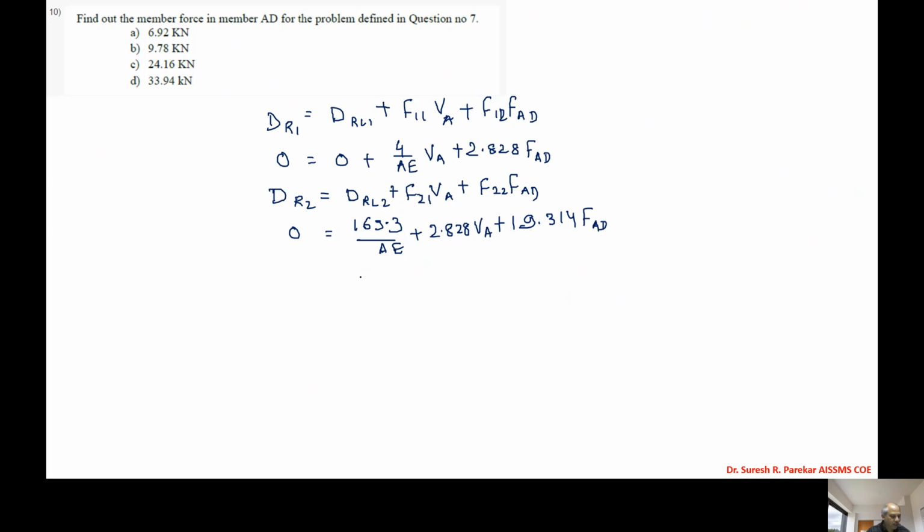And solving this, we are going to get VA equal to 6.92 kilonewton, and FAD we are going to get as minus 9.78 kilonewtons. So we have 9.78 kilonewtons, that is compression. So we have the answer B, that is 9.78 kilonewton.